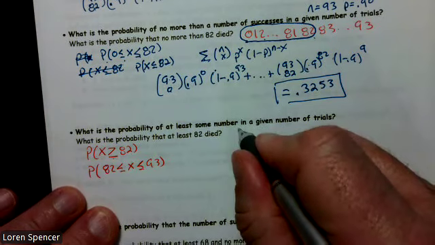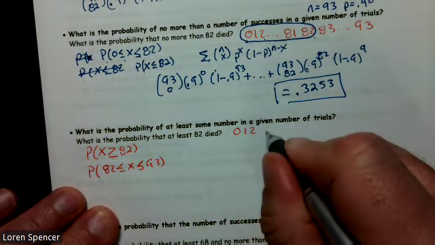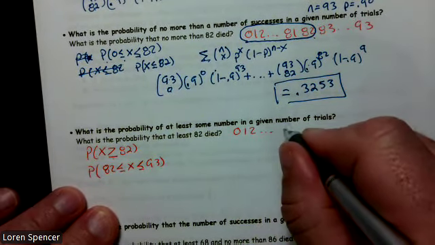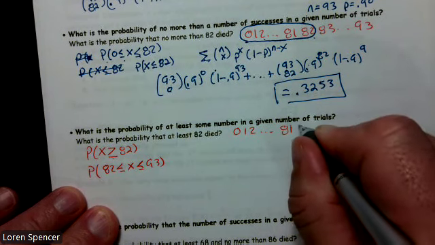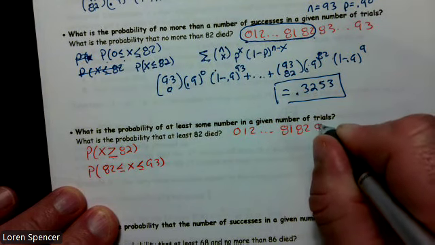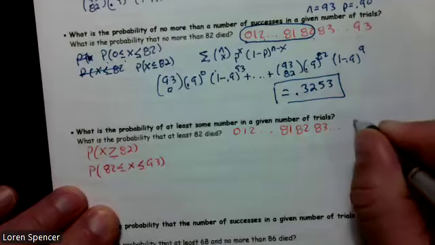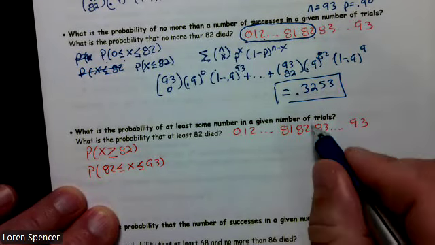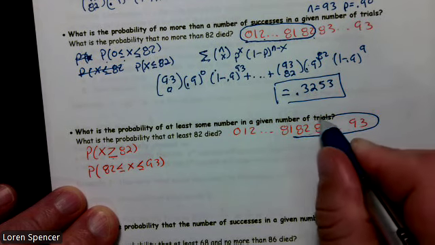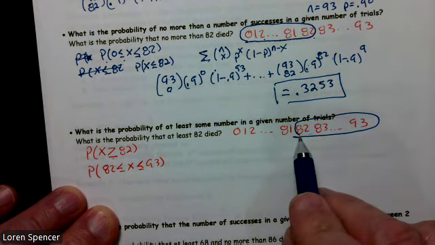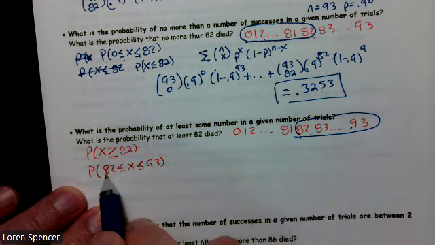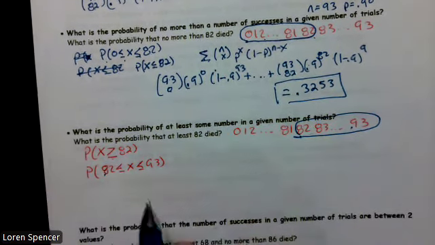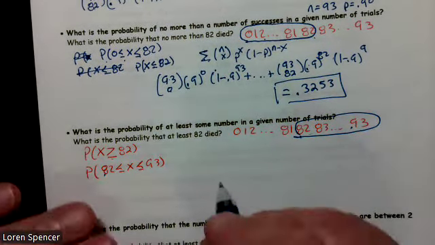We see that because we can go 0, 1, 2, dot, dot, dot, 81, 82, 83, dot, dot, dot, all the way up to 93. We have to have at least 82 all the way to 93. And that's what this says, between 82 and 93. So if you prefer to write it that way, that's fine.